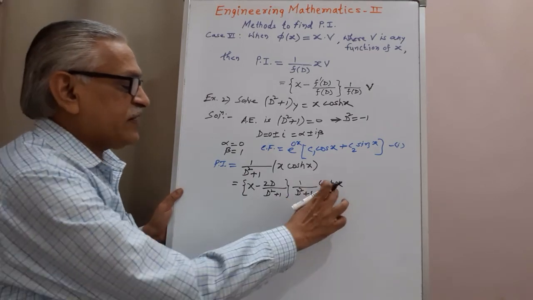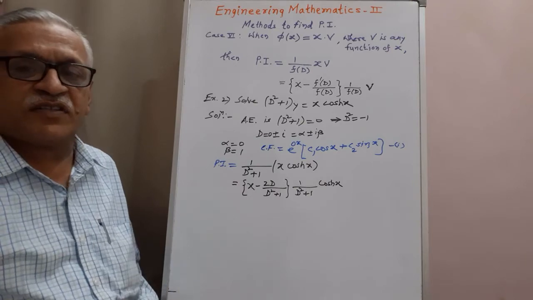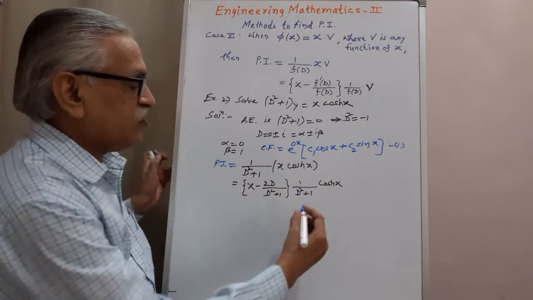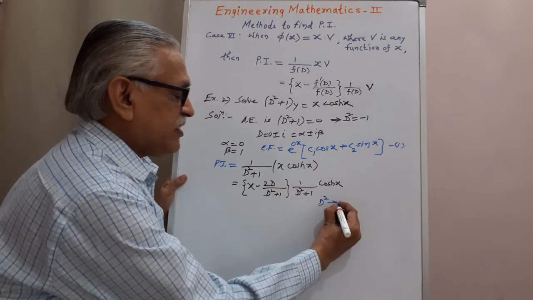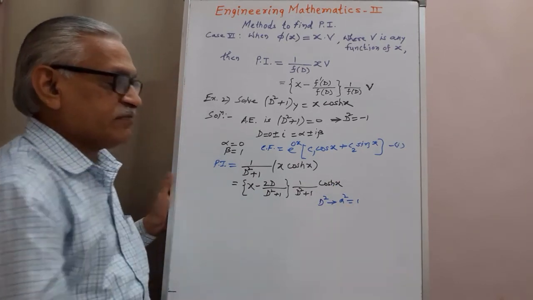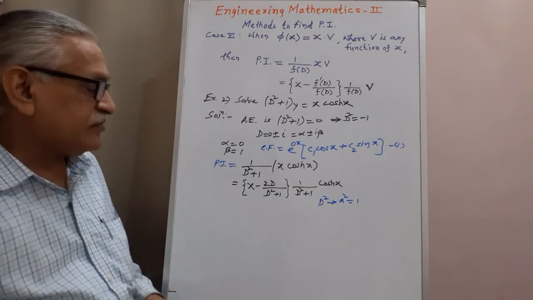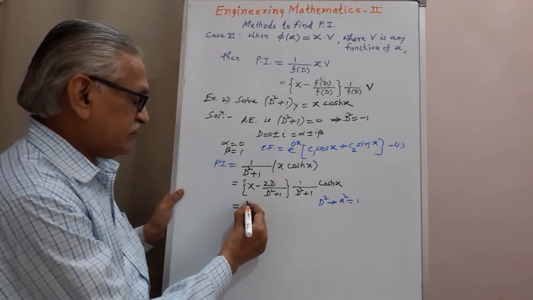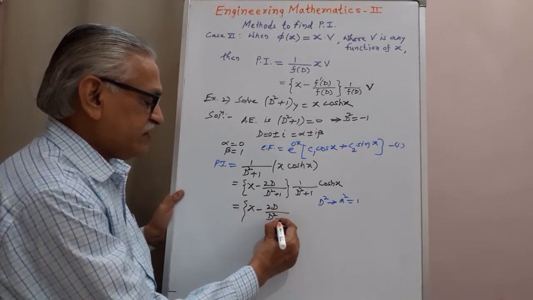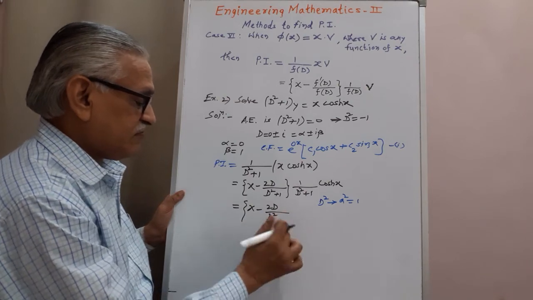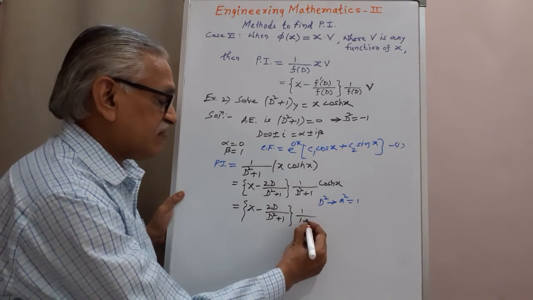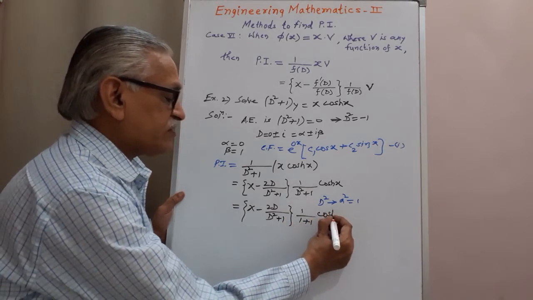Then when we operate on this, it becomes case number 3, when the function is in the form of sine hyperbolic or cos hyperbolic type. The rule is we have to replace D square by a square, and a is here the coefficient of x, 1 square is 1, and therefore it is equal to x minus 2D divided by D square plus 1 as it is, with D square replaced by 1 plus 1, operated on cos hyperbolic x.